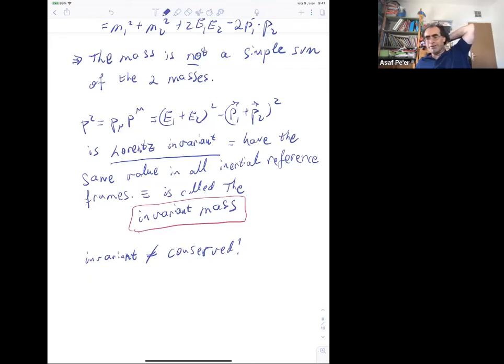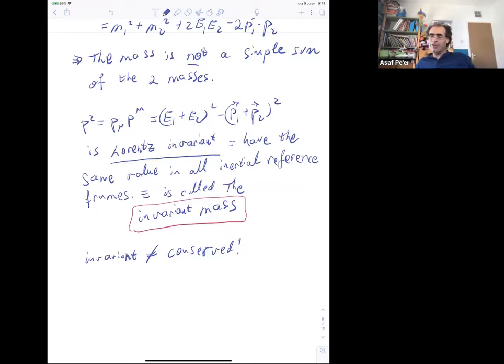Most of the particles, in fact nearly all of them except only very few, are actually unstable. That's why we don't see them in everyday life. Nearly all particles are unstable, and for some of them the lifetimes are extremely short, so you don't even see those in detectors. Sometimes you can see the traces.